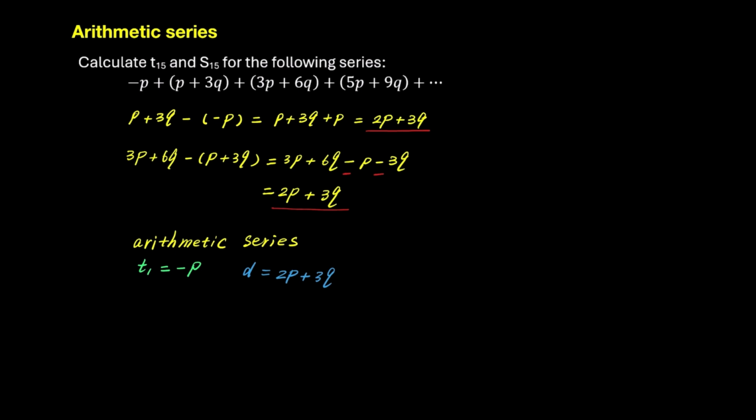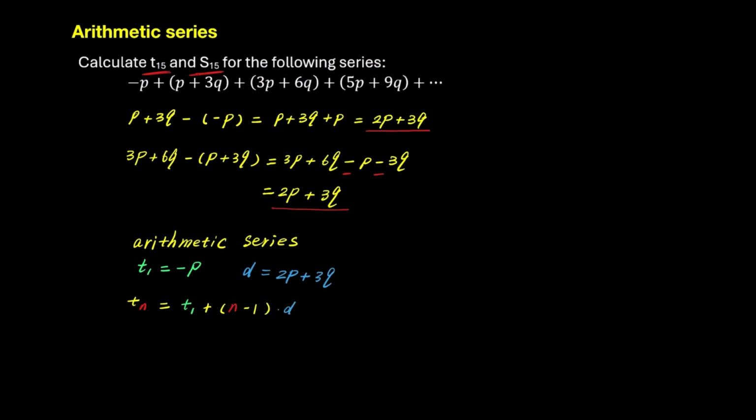Now that we know the first term and the difference, we can find out the 15th term and the sum of the first 15 terms. To find the 15th term, t15, let's write the general term of an arithmetic sequence. Tn equals t1 plus (n minus 1) times the difference d.